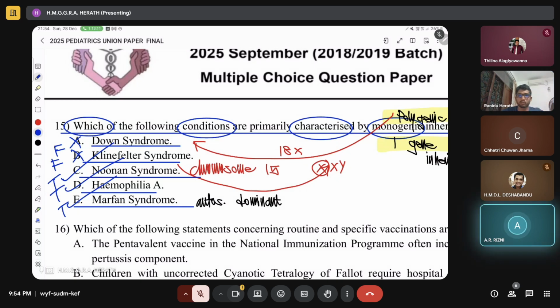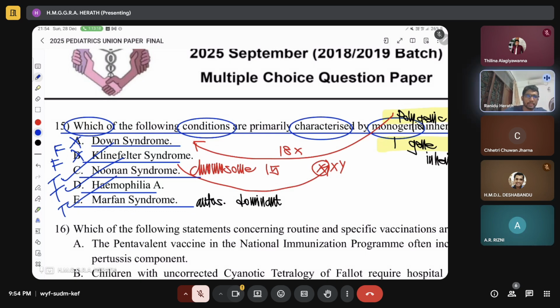Yes, so what we're saying is, Down syndrome is polygenic inheritance, is that it? Down syndrome is like polygenic because many genes are involved, but you can't just simply say that it is polygenic. There is a separate definition for polygenicity.